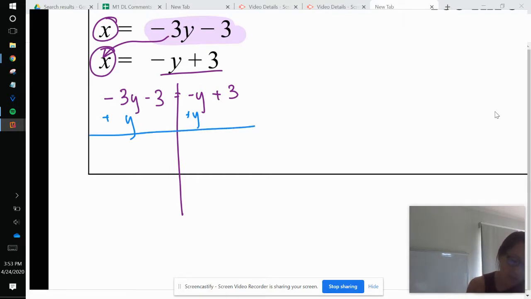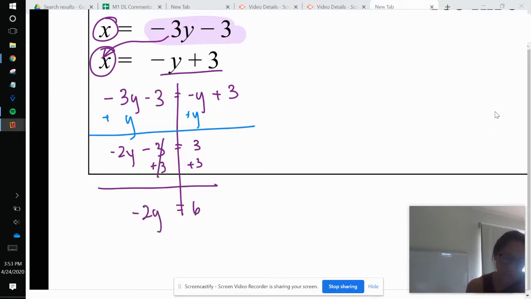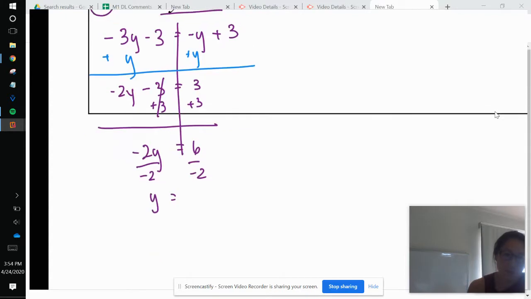I get negative 2y minus 3 is equal to positive 3. I will go ahead and add 3 to both sides because of inverse operations, so negative 2y is equal to 6. We'll divide by negative 2. So y is equal to negative 3. I will hold that for later.